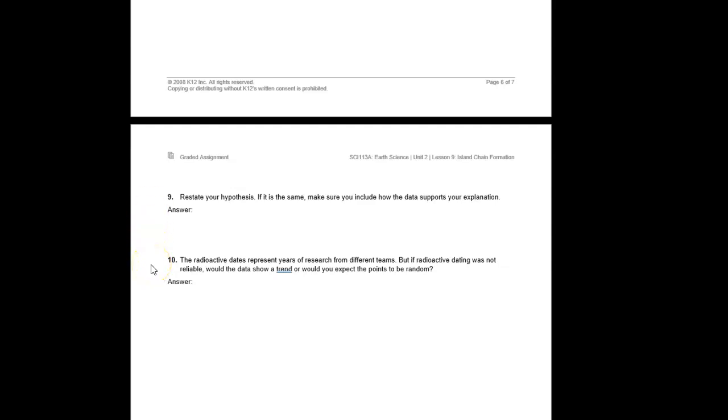And then question 10 is an if question. This is a scenario. It says that the radioactive dates represent years of research from different teams. But, and this is where the question is really hypothetical, if radioactive dating was not a reliable piece of information or scientific data point, would the data show a trend, or would you expect the points to be random?